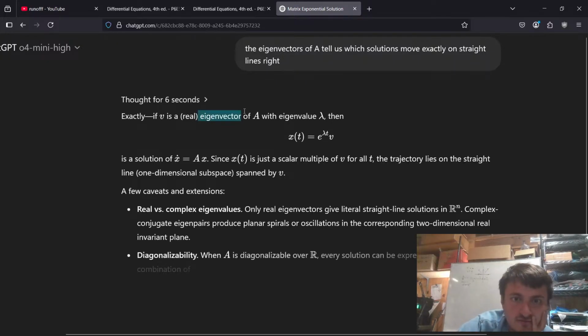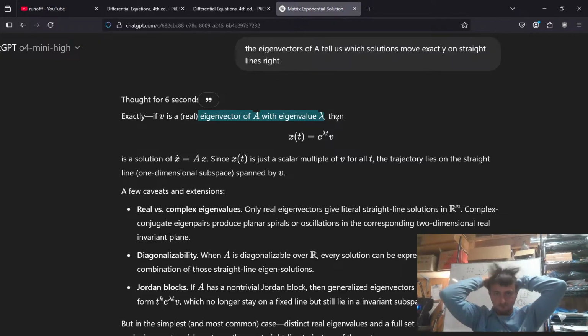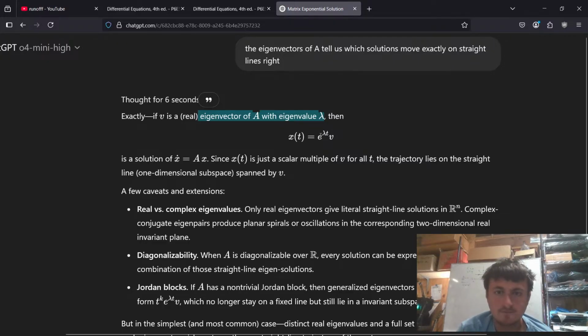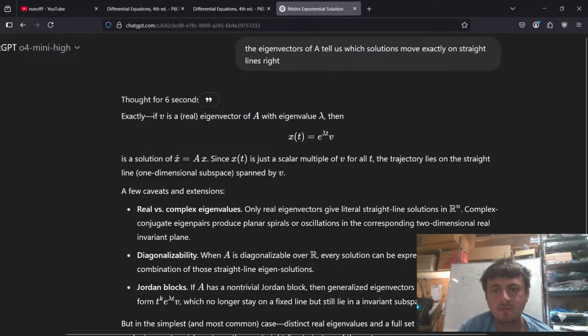If v is a real eigenvector of A, so if your initial condition is on one of the eigenvectors of A, then if lambda is negative, it decays, and if it's positive, then it grows.